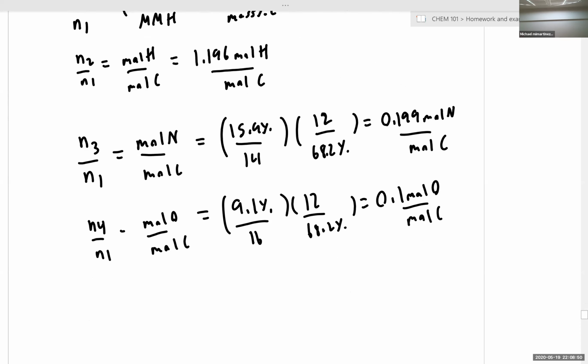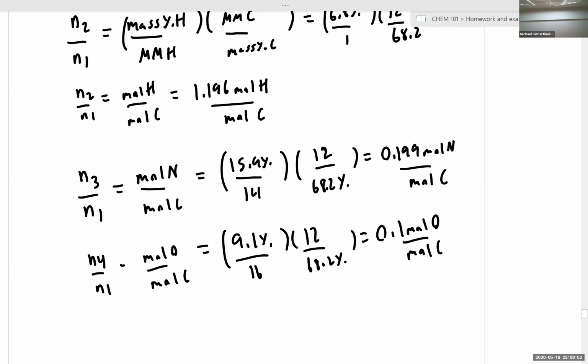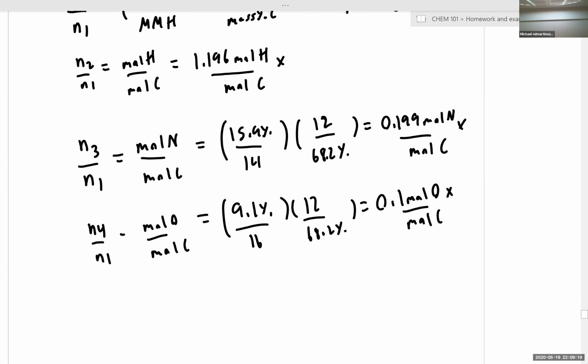Okay, so this looks like a little bit of a mess, but we can resolve this if we're very careful with our choice of moles of carbon. We're going to multiply each of our ratios by the moles of carbon to give us a whole number.